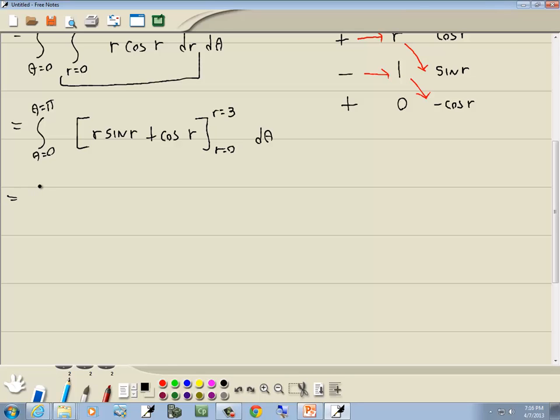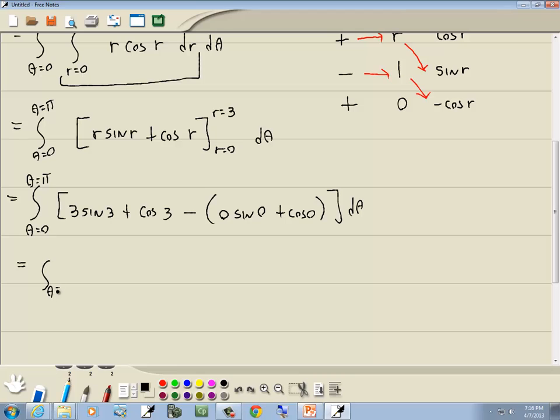Well, we'll plug 3 in for r, so we're going to have 3 sine 3 plus cosine 3 minus, I'll put parentheses because that's the flip side of everything that follows it, and I'll put 0 in for r. So I got 0 sine 0 plus cosine 0, d theta.